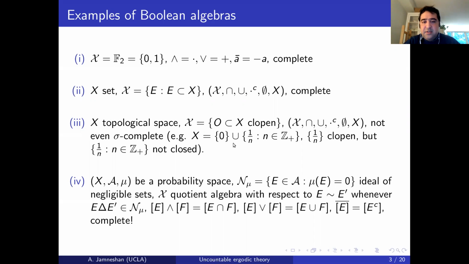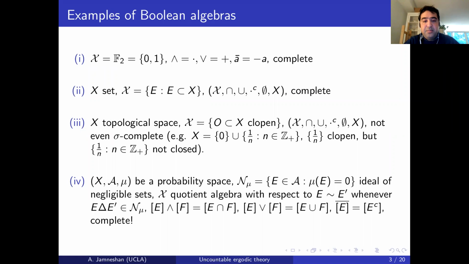Then this is a Boolean algebra, so it satisfies the Boolean laws of the last slide. But this Boolean algebra is in general not even sigma complete. By sigma complete, I mean that countable joins and countable meets exist.